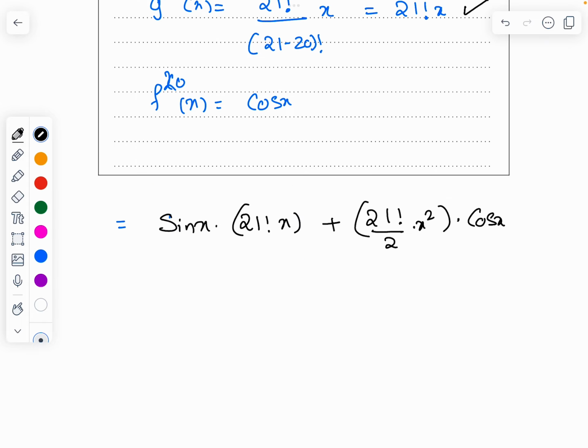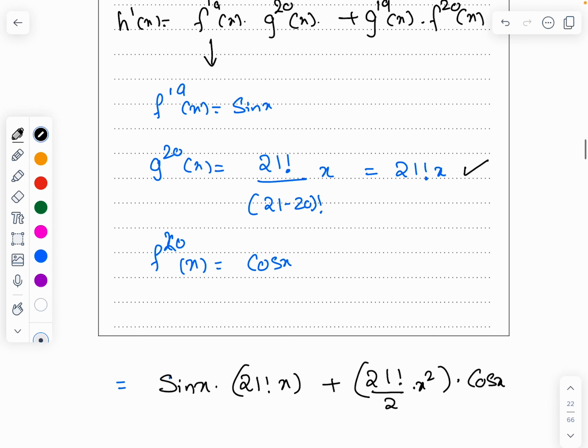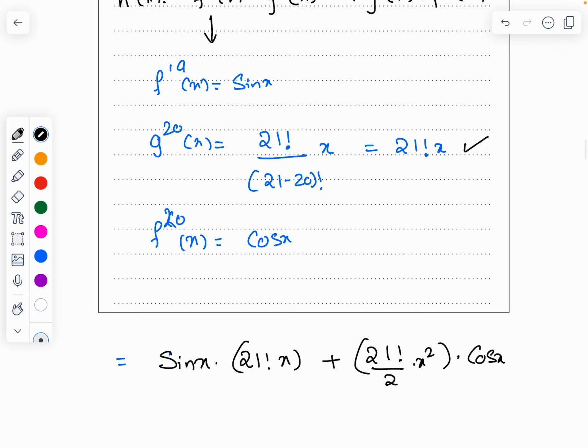This is going to be the answer. Because if the 20th derivative is 21 factorial times x, with one integration the 19th derivative will be 21 factorial by 2 times x squared. That should be the easiest way to solve the question.